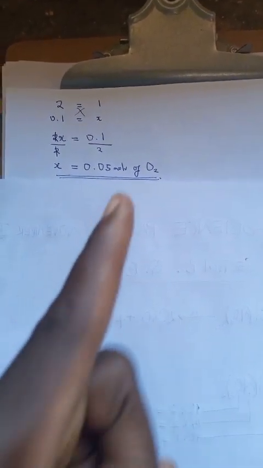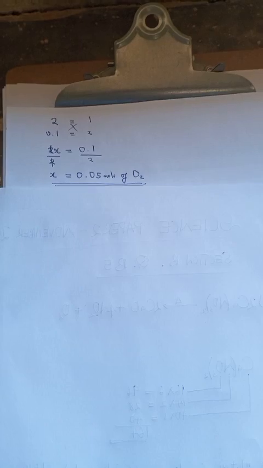And now these moles of oxygen, we need to convert to volume. We use the number of moles of oxygen, which is 0.05, to find the volume of oxygen at room temperature and pressure. So we are going to use this formula.